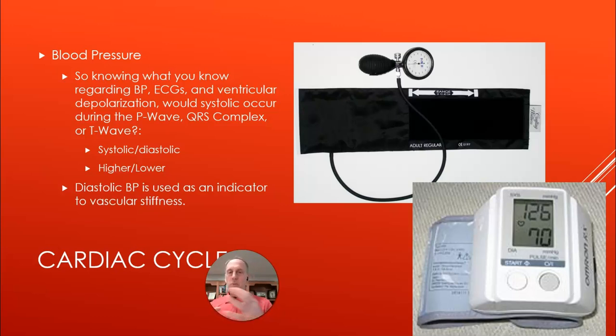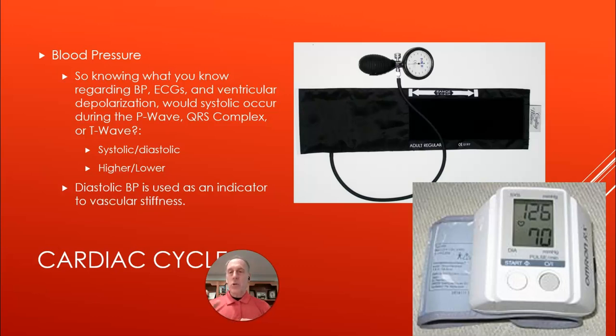And when you have ventricular depolarization, you start to ask the question, knowing what you know regarding blood pressure and ECGs, and by the way, sometimes it's written as EKG, not ECG, and that's why I slip up sometimes.